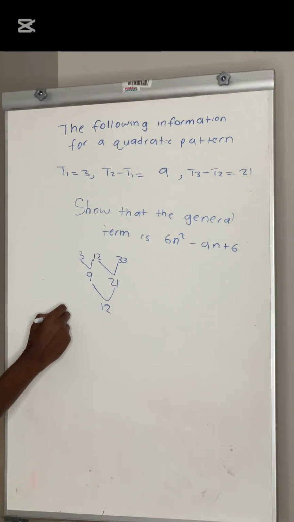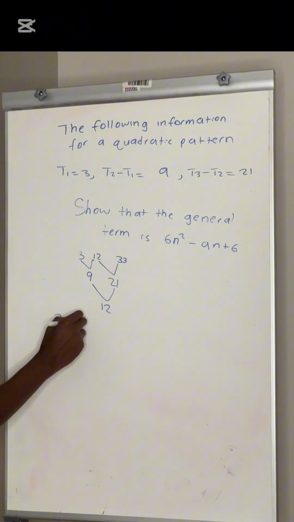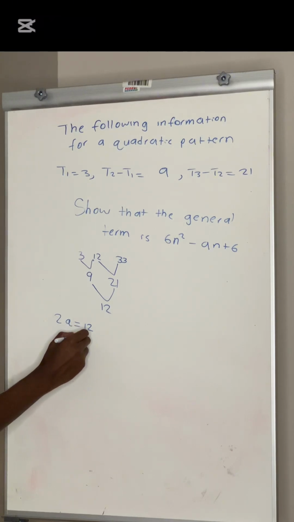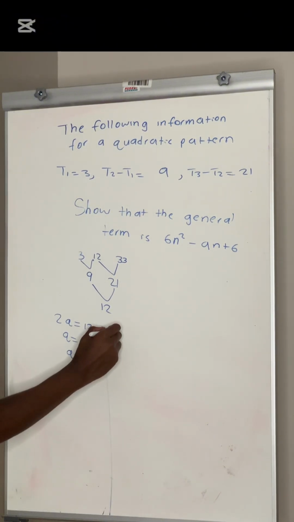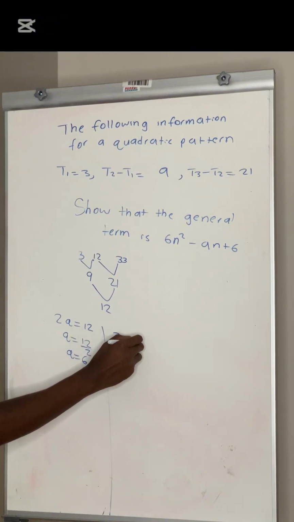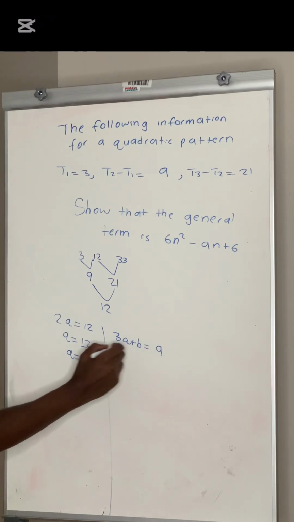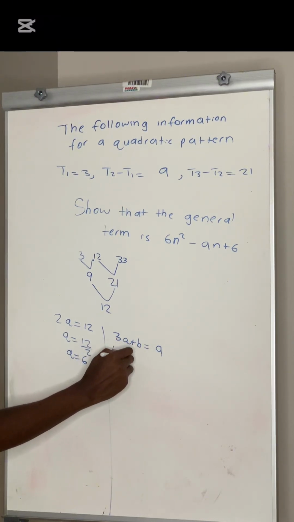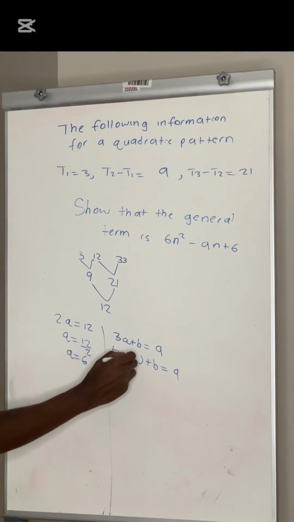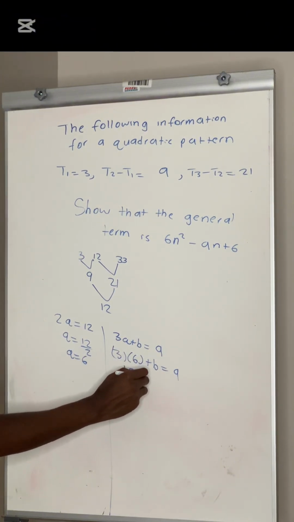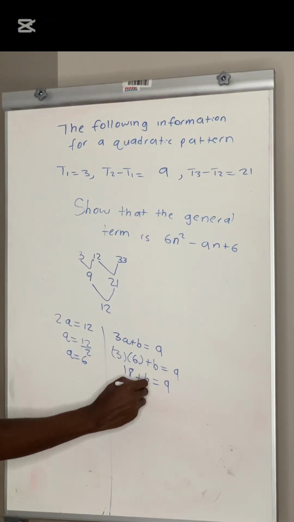And then we solved using those formulas. 2a is equal to 12. A is equal to 12 over 2. A is equal to 6. And then we said 3a plus b is equal to 9. 3 times 6 plus b is equal to 9. 3 times 6 is 18, plus b is equal to 9.